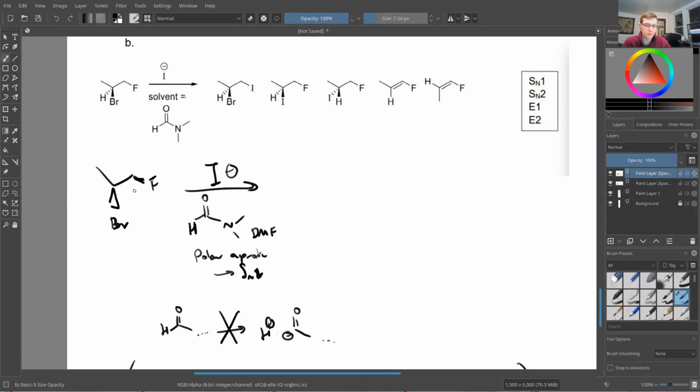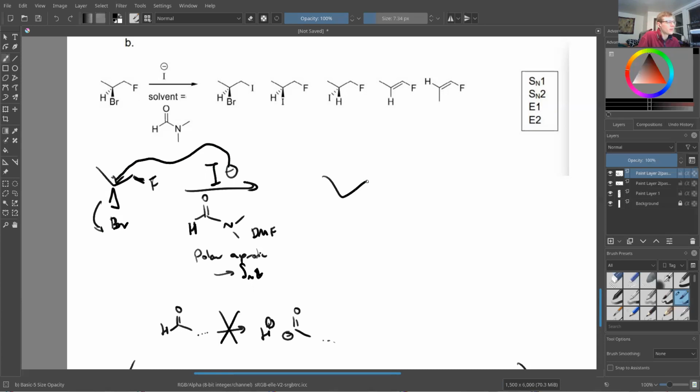The bromine. Or rather, the carbon when the bromine leaves. Right, the iodine is going to come around here and go after the carbon, and then that bromine is going to pop off.